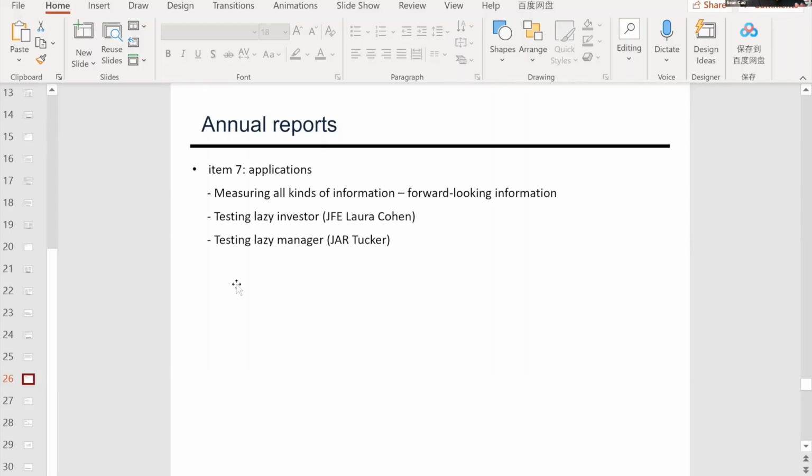Because managers are talking about the future, you can use that textual information, combining all the samples together, to predict the future. That's one more important way to use the data. If they talk about future operations, you can use that to predict future operations. If they talk about future customers, you can use that to predict future customers. That's one important way to use Item 7.